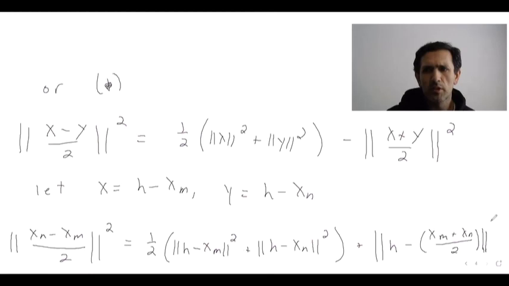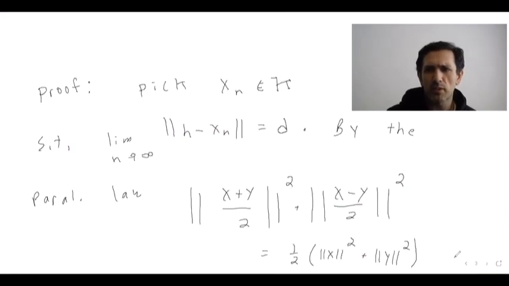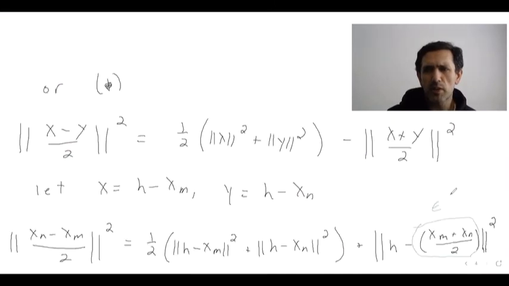So by convexity, you'll notice that this is actually the midpoint between x_m and x_n. If they are in R2 or R3, this would pictorially be the midpoint. But in general, from convexity, setting t as 1/2 and using the fact that this is a sequence of elements in big K, this is certainly in big K.